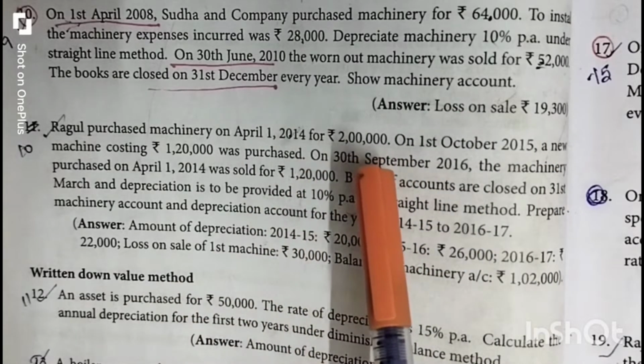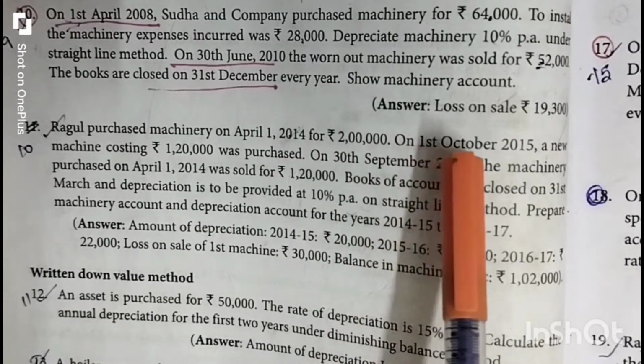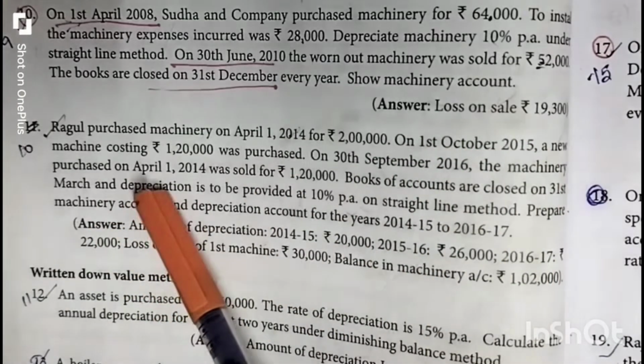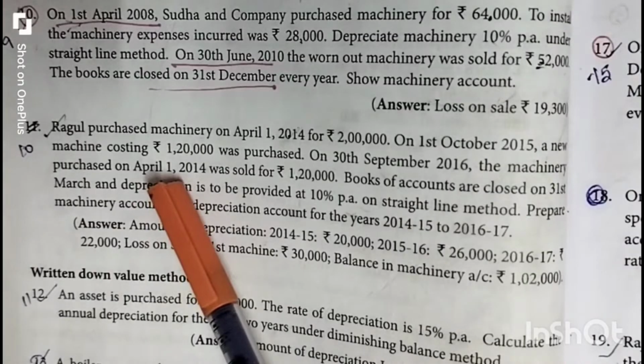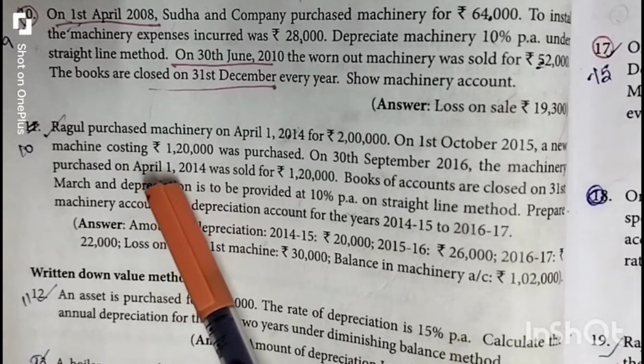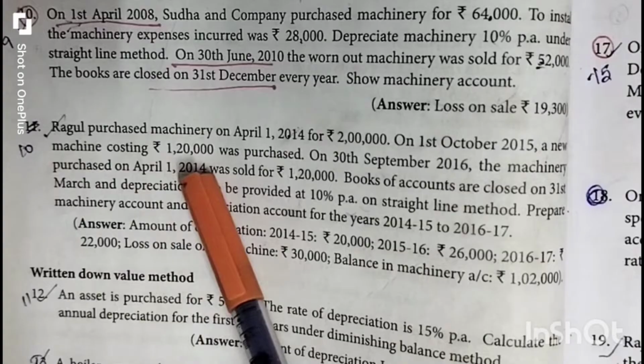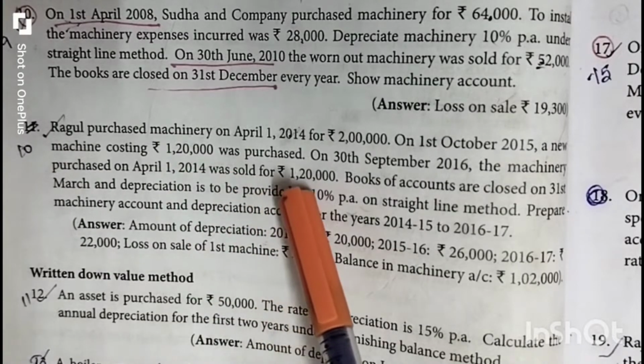On 30th September 2016, the first machine, purchased on 1st April 2014, was sold for Rs 1,20,000.